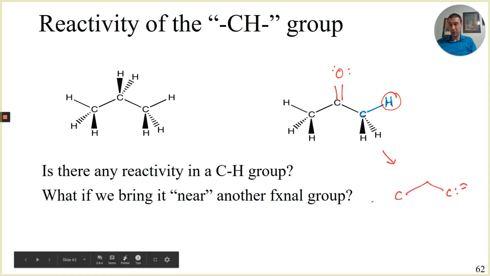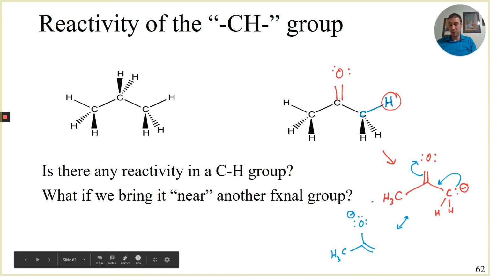Well, we'd have a negative carbon. And this is where we might be screaming, well, negative carbons aren't stable, we can't form them. Before we get too excited, we should also evaluate the power of the resonance. There is a resonance contributor. That resonance contributor puts the negative charge on the oxygen, not on the carbon. Is a negative carbon okay?